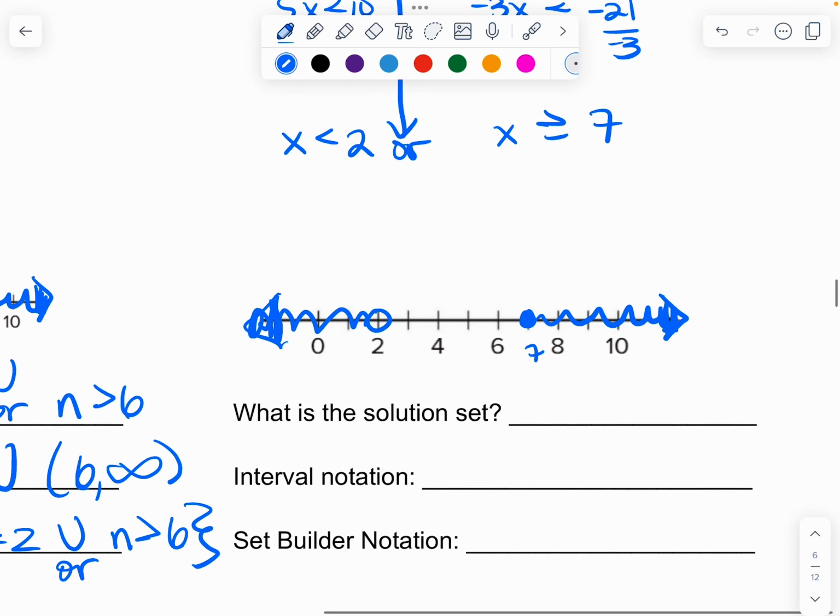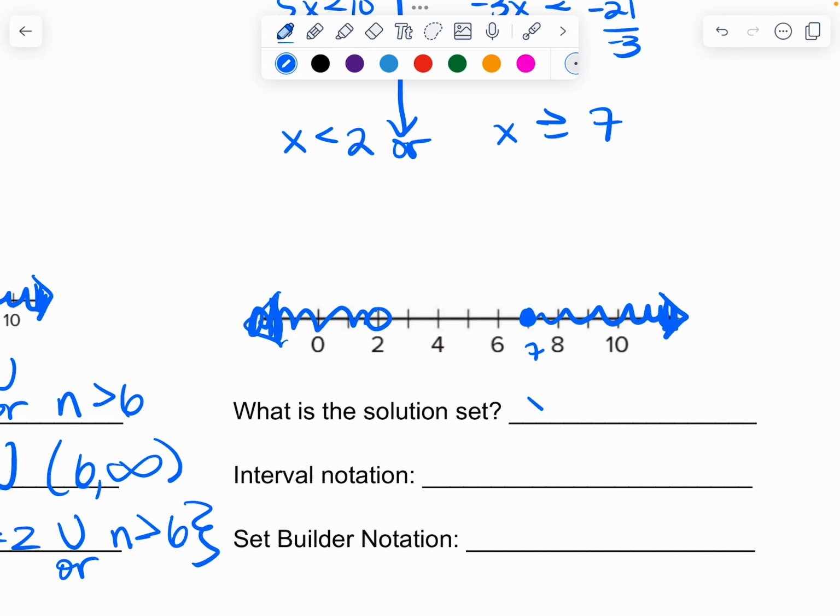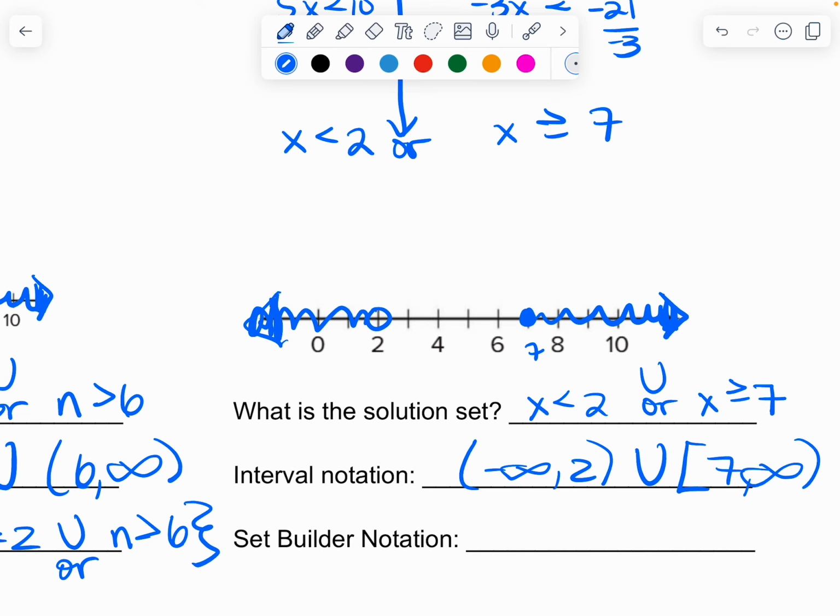This one over here, you're going to have x is less than 2, or have a union, x is greater than or equal to 7. Interval notation, negative infinity to 2, union, bracket, not parenthesis, 7 to positive infinity. Set builder notation, it would be x such that x is less than 2, union, x is greater than or equal to 7.